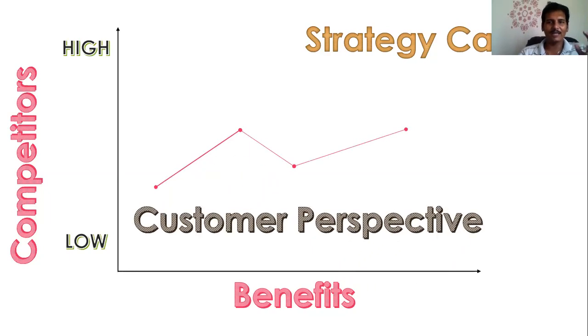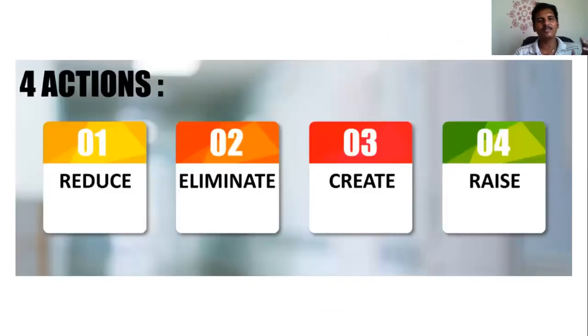So again, I'll tell you this strategy canvas is basically a customer perspective: how the customer perceives the different products and their benefits. Okay. So this is the 4 action framework. Once you draw the strategy canvas, you need to apply this 4 action framework to make your effective blue ocean.